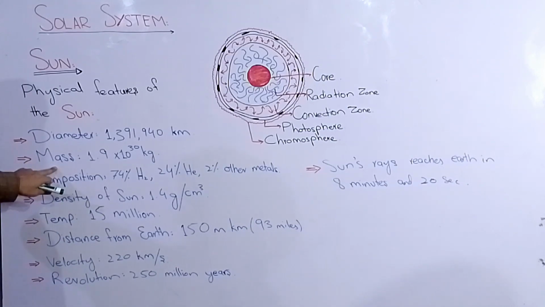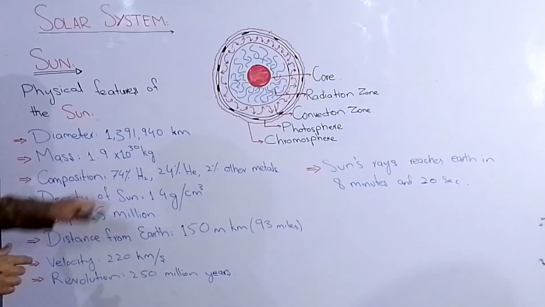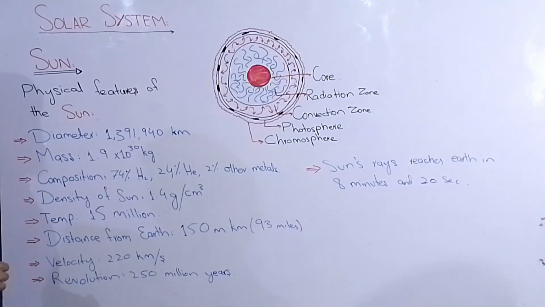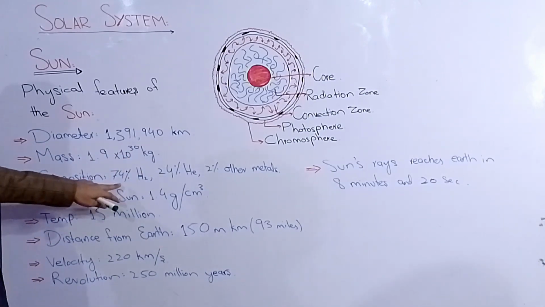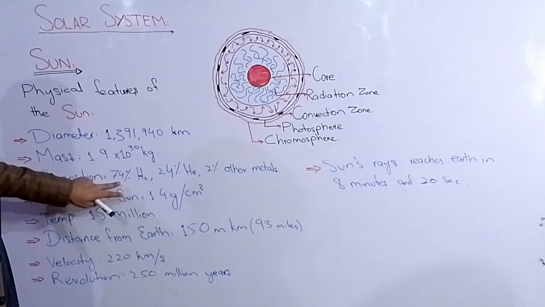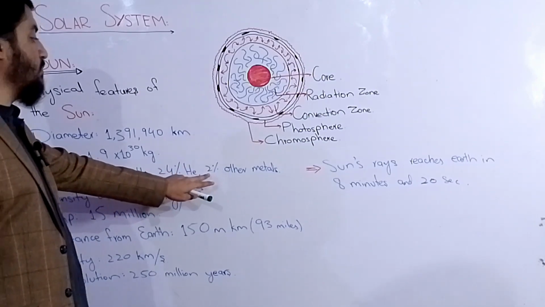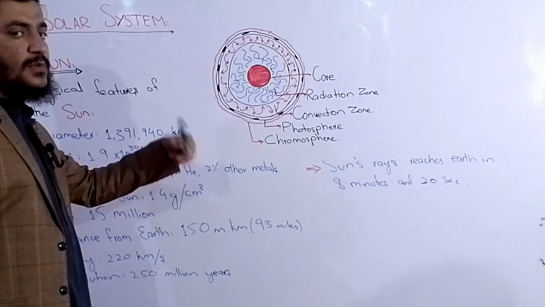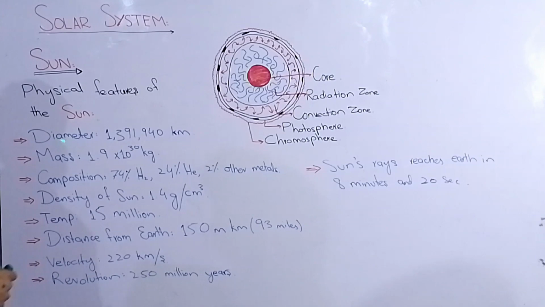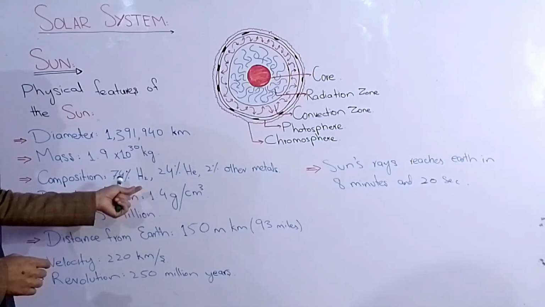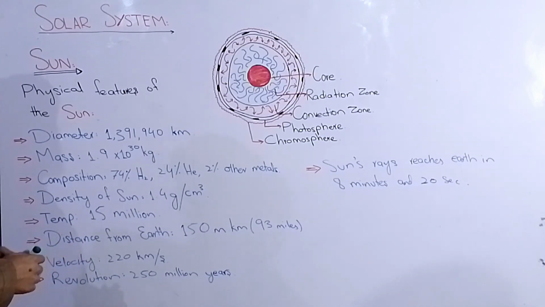Its mass is about 1.9 x 10^30 kg, and its composition is of many gases, but two are major: hydrogen, which is 74%, helium, which is 24%, and 2% other heavy metals. Then comes the density of the sun, which is 1.4 gram per cubic centimeter.